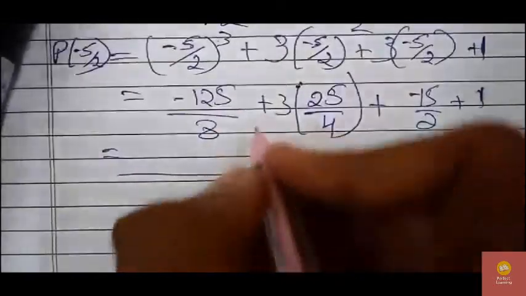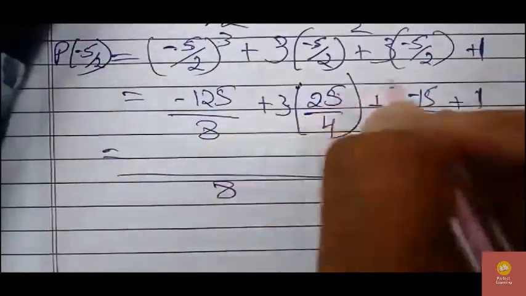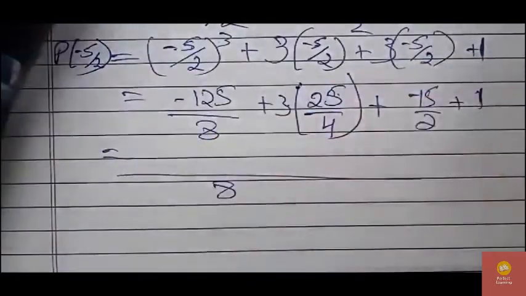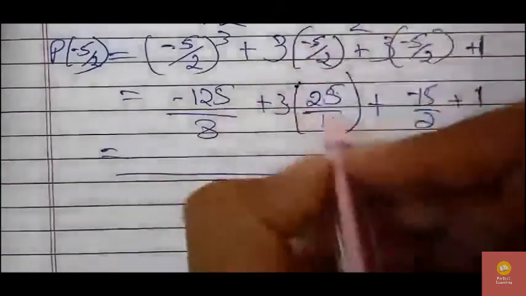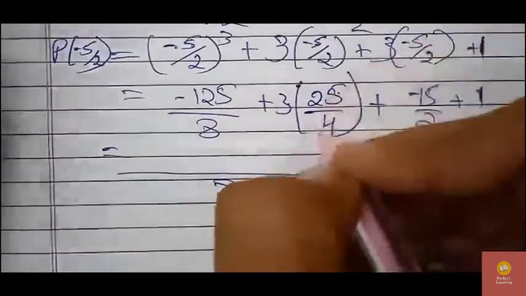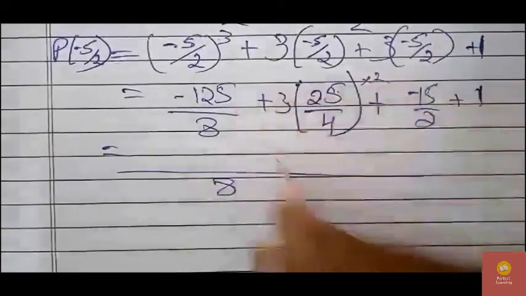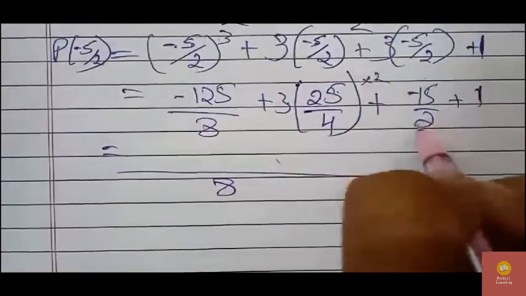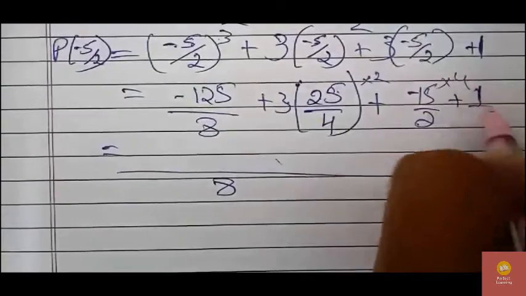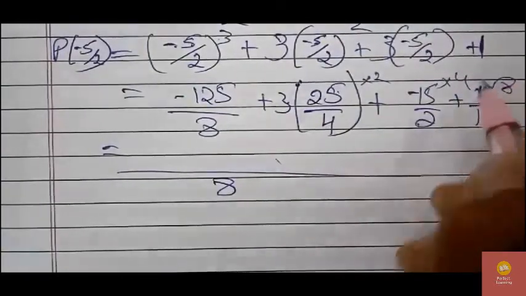The next step is this 3 into 25 will become 75 by 4. Okay, 3 into 25 is 75. 75 divided by 4, and 4 twos are 8, and 2 fours are 8, and 1 eight is 8.